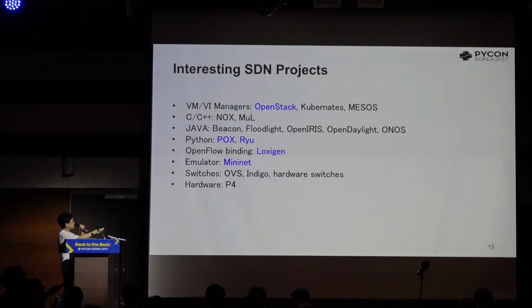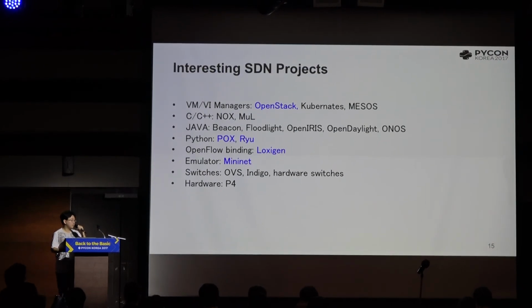What LOXI does is take the OpenFlow specification as an input and generate the OpenFlow library accordingly. It generates a Python OpenFlow library, a Java library, and C. LOXI itself is written in Python. So if you are interested, you can go to GitHub and search for it, and it's really interesting.